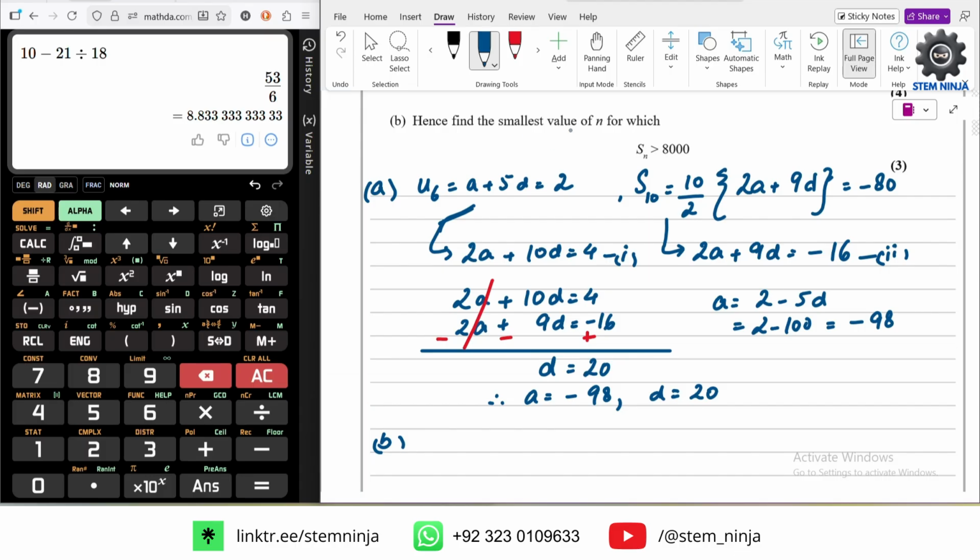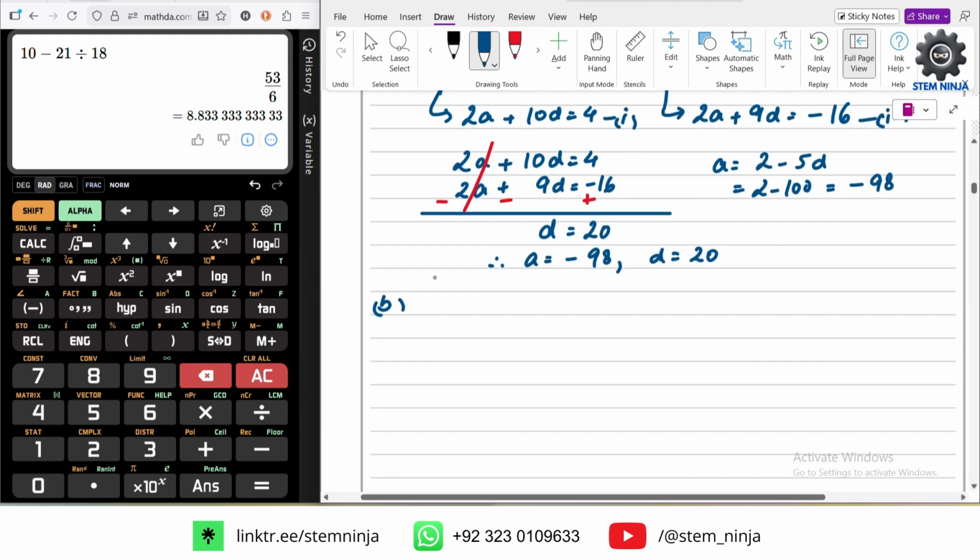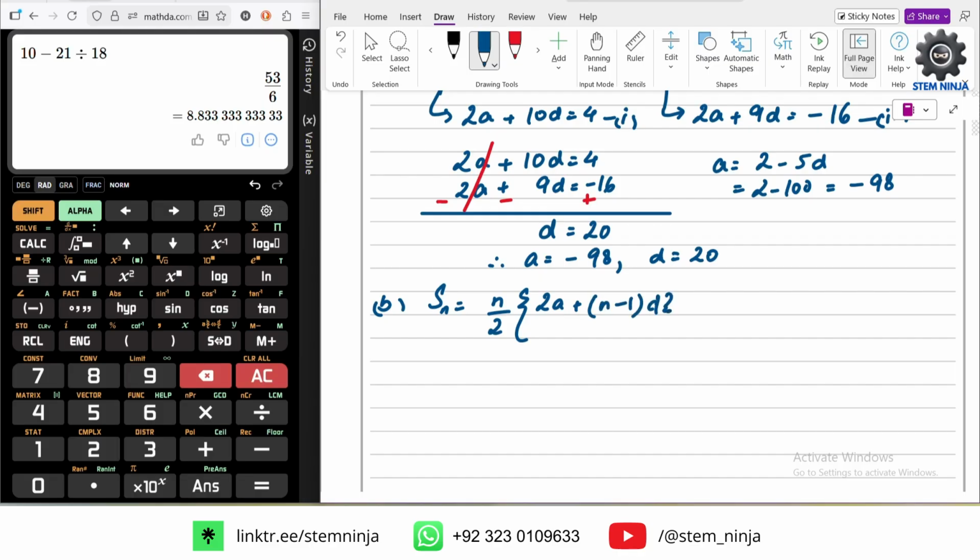Right. Hence find the smallest value of n for which sum of the first n terms is greater than 8,000. Okay. So we know the formula. This is n over 2, 2a plus (n minus 1) d. Right, so we know a, we know d now.